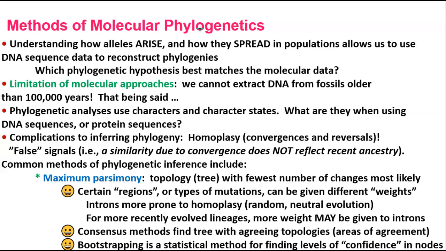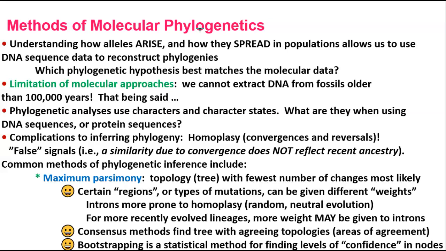So there's some background, quite a bit of talking I've done there. Some common methods of phylogenetic inference include, and I'm going to have a couple slides going over this, maximum parsimony. So similar to what you were introduced to back in chapter 4, except now we're using molecular data.